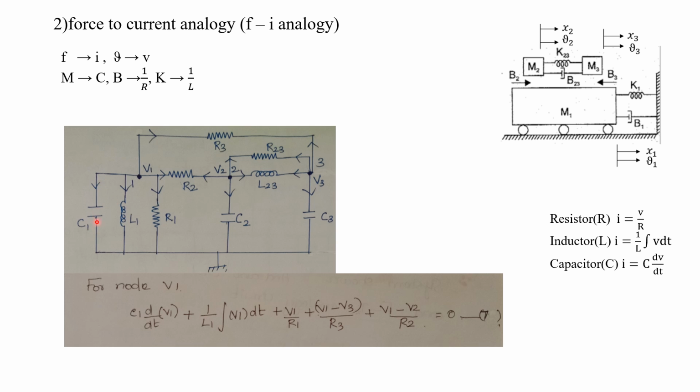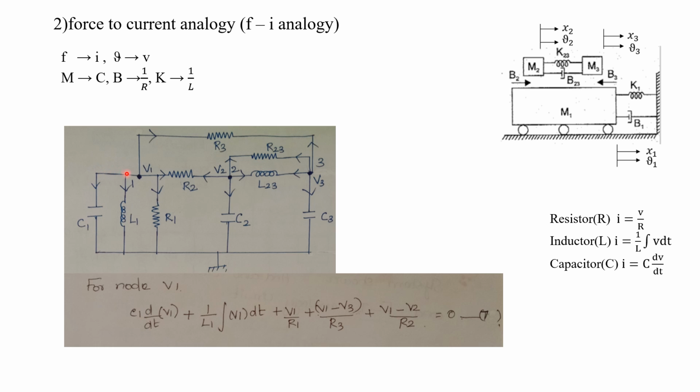What about the current flowing through the capacitor C? As I told already, current flowing through the capacitor will be C into dV by dt. Here V represents the voltage drop across the capacitor C. Understood? So first, the term will be C1 into d by dt of V1. What is V1? The voltage drop across the capacitor C1. Here for capacitor C1, what will be the voltage drop?